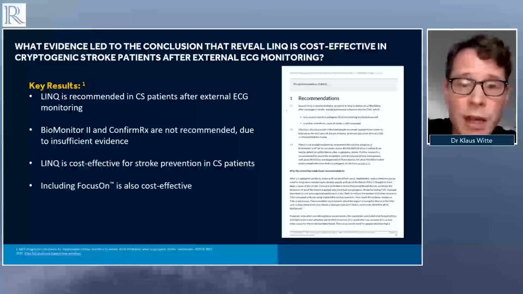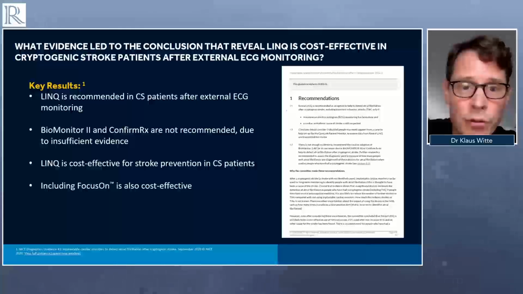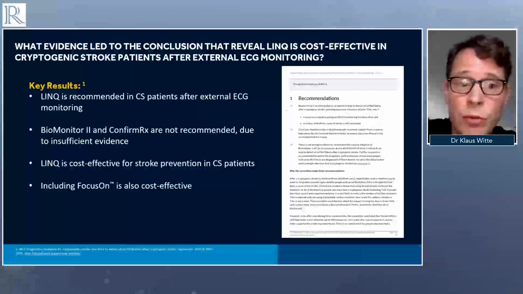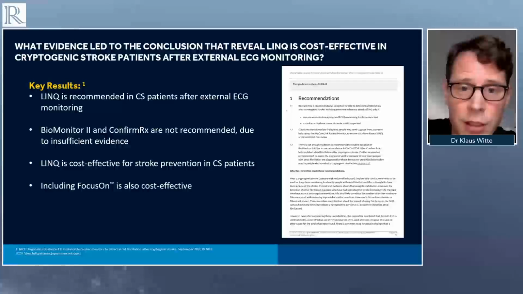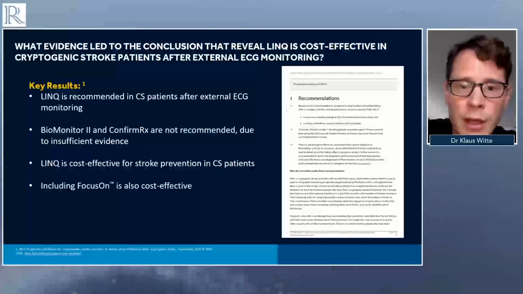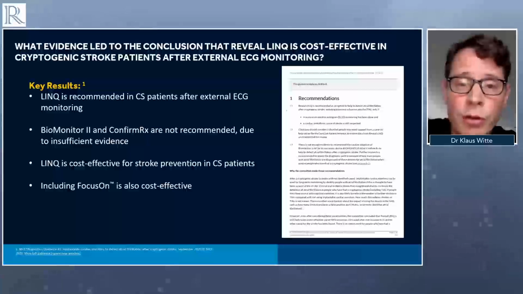Unfortunately, because of lack of evidence, they were unable to comment on the use of the biomonitor and the ConfirmRx. They determined that it was clinically effective. They determined that LINQ was also cost effective. They also did a sub-analysis using remote monitoring and the FOCUSON program, and they showed that this was also a cost-effective addition to the pathway.